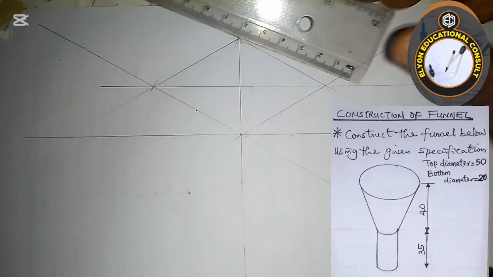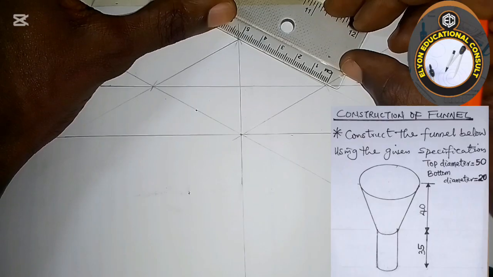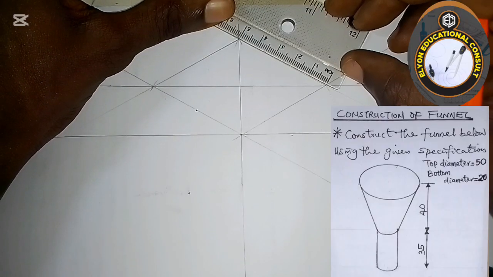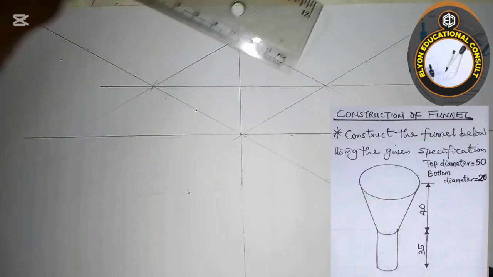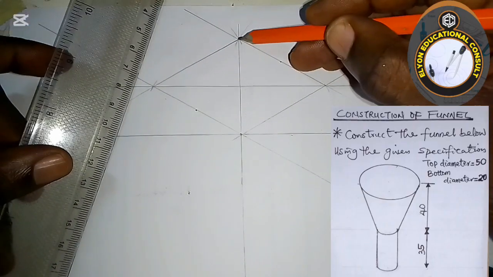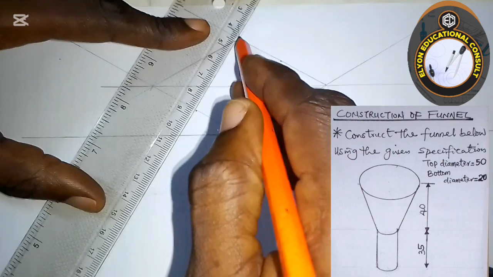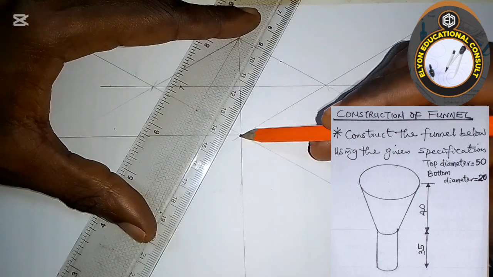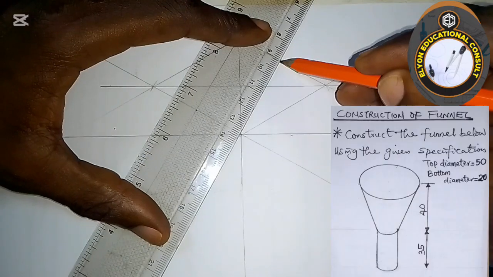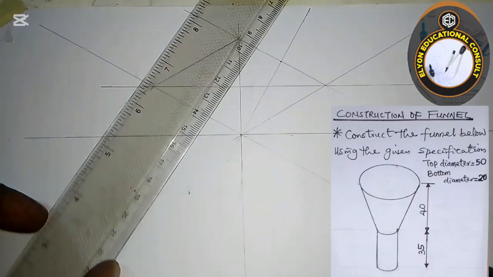Pick the radius for this side as well, that is 25. So I will connect from this top to this point here. Then for this other side, from this base bottom to this top point this way. I hope you can see this.